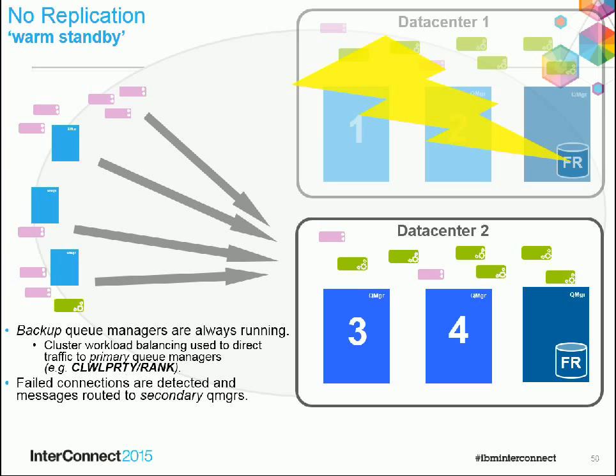So if you're using rank, you would actually effectively manually do a switch from data center 1 to data center 2 by switching the rank of your relative queue managers. Priority, it would do it dynamically based on detecting that the channels have gone down. Now, some people want to be able to dynamically route in the event of a failure. Other people want to have more control. That's where you might want to use cluster workload rank instead.